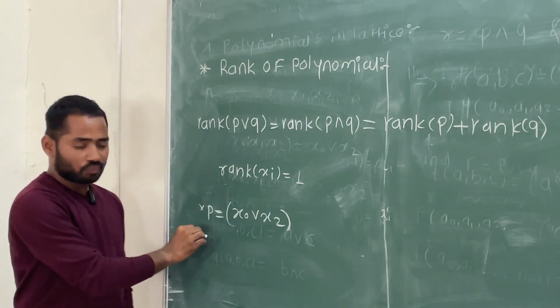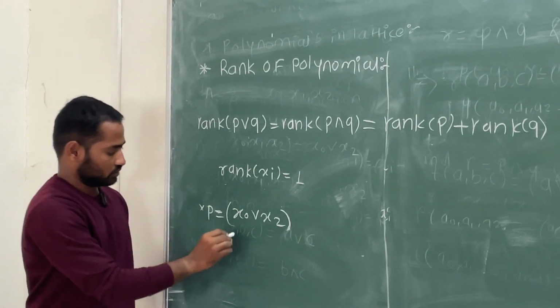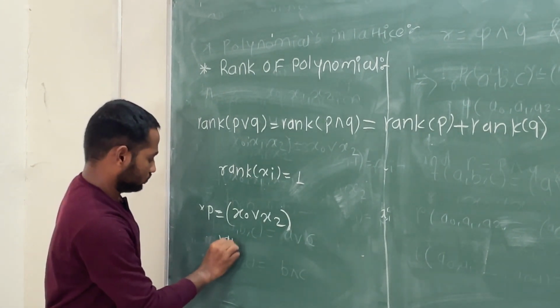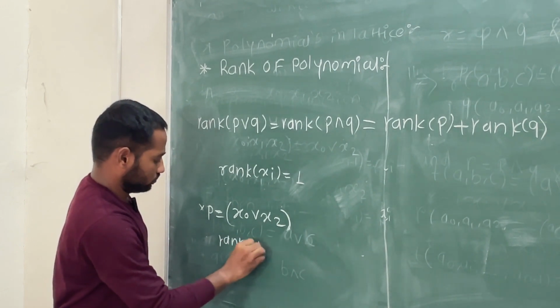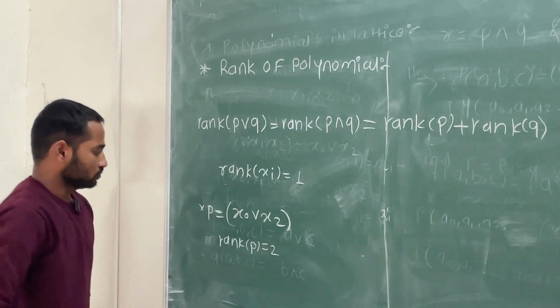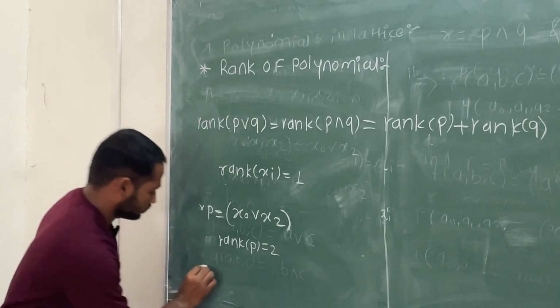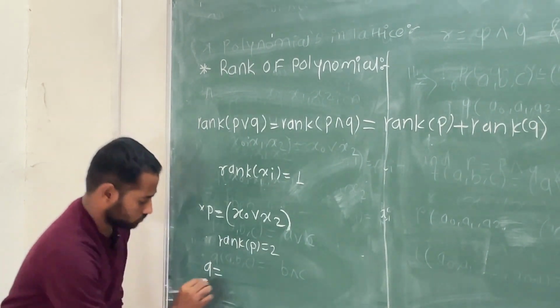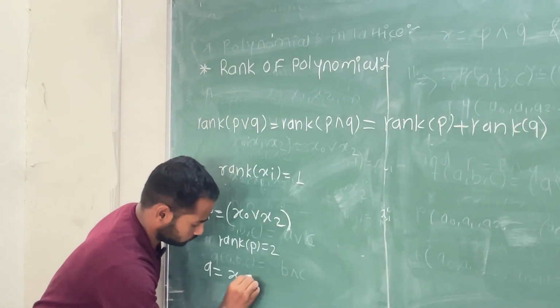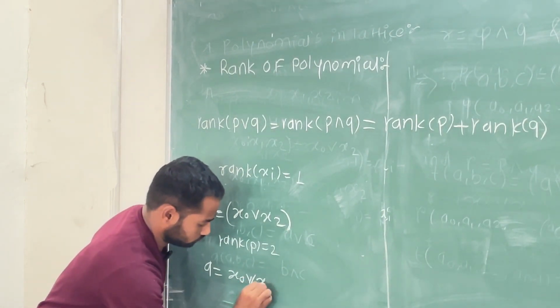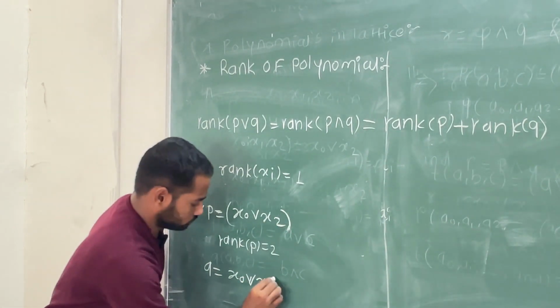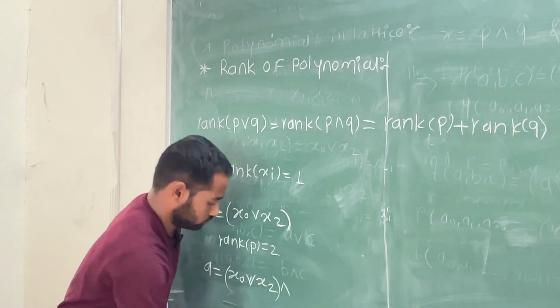Here what is the rank of P? Yes. Suppose you write Q is equal to x naught join x2, x join x2 meet with x naught.